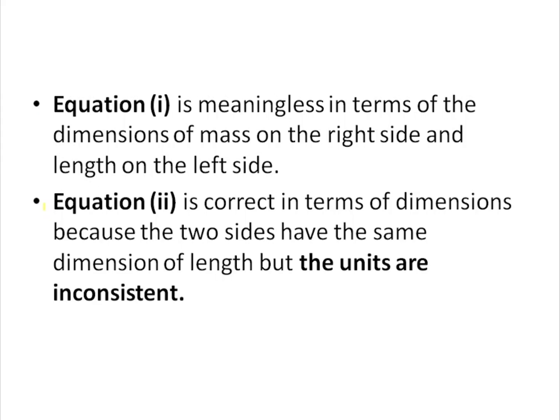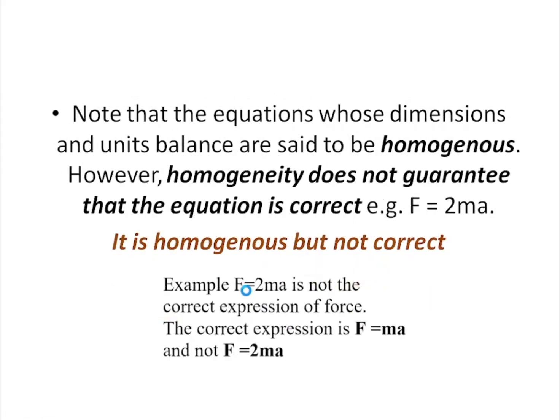Equation 2 is correct in terms of dimensions because the two sides have the same dimension of length, but the units are inconsistent. Note that the equations whose dimensions and units balance are said to be homogeneous.